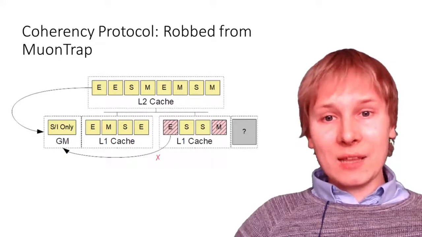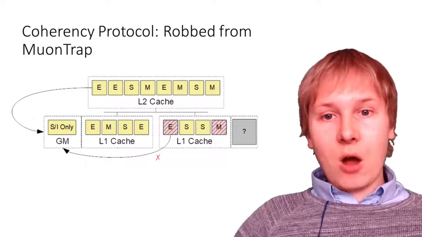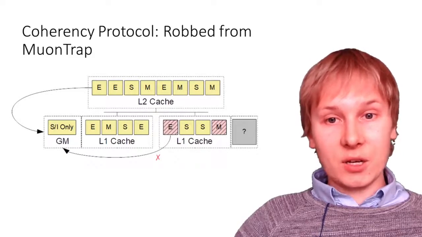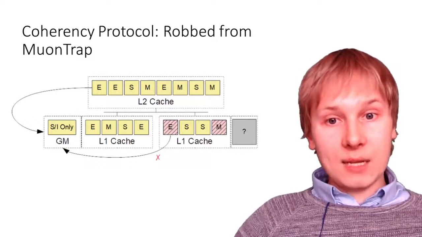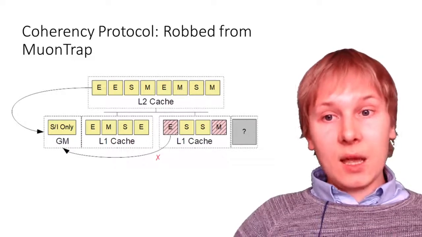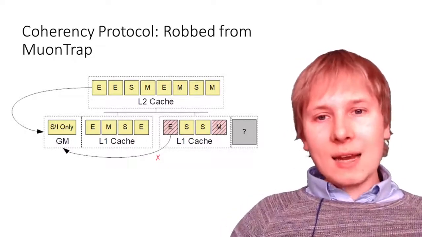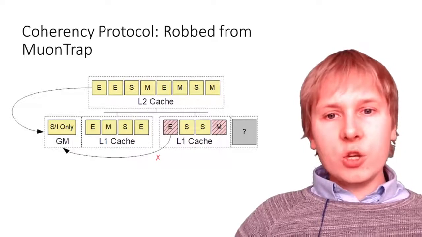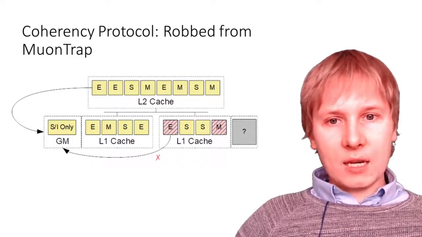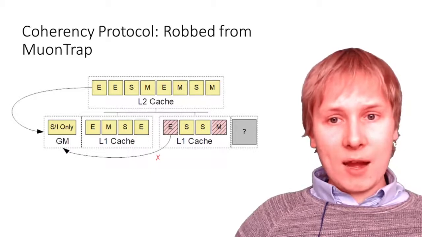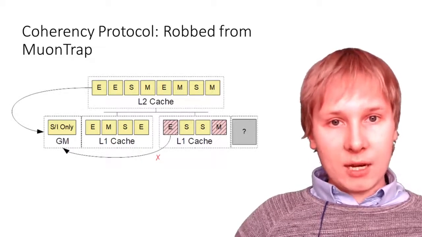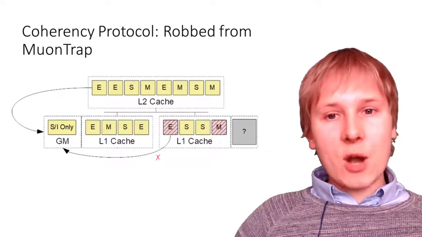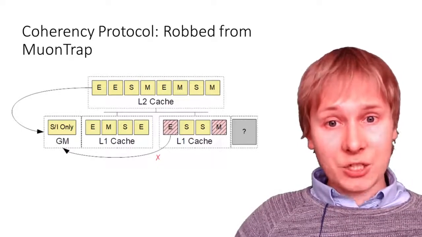And basically, we steal this pretty much directly from MuonTrap, which is my previous work in the area, which we'll compare against later, which doesn't provide this temporal ordering property and therefore isn't protective against all attacks, only cross-domain attacks. The idea is that you get this sort of plausible deniability from the coherency protocol, that you don't need to know the state of anything in any other GhostMinion while still being able to keep coherency, because the GhostMinions are only allowed to bring in something coherently in a state that they would be allowed to without breaking anything else in a non-speculative cache.